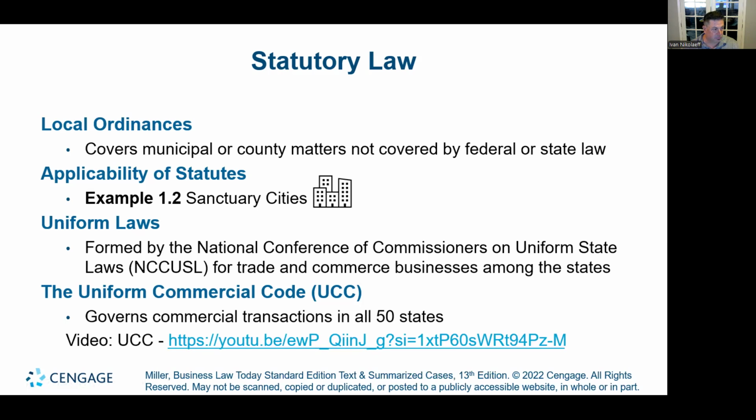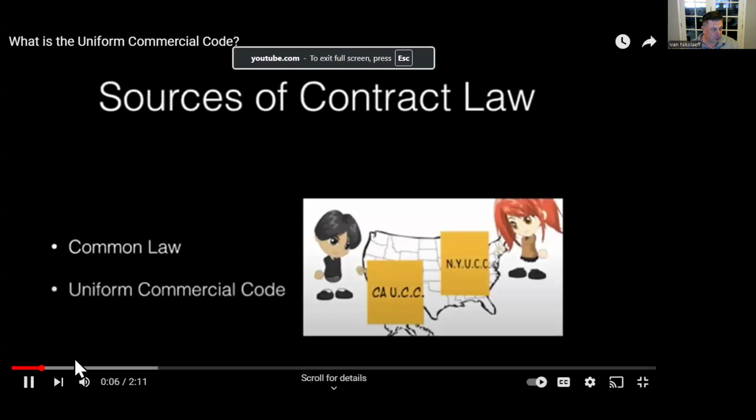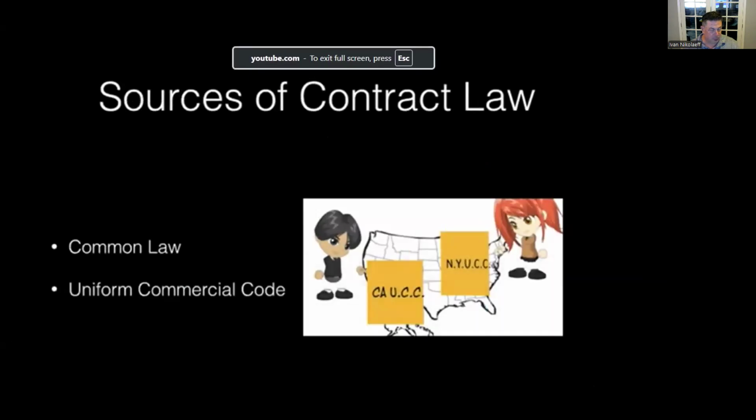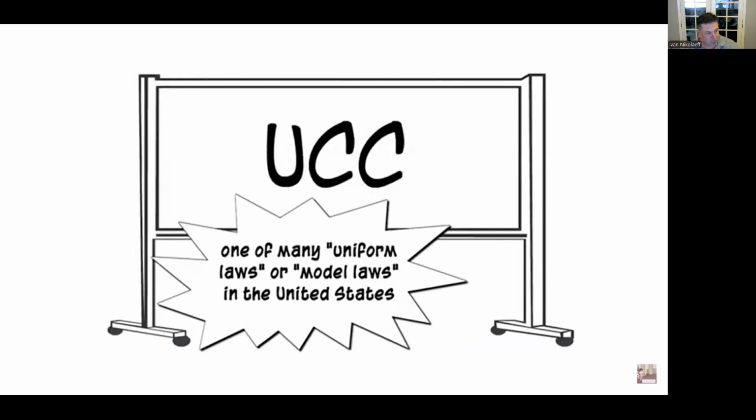In this video, we will discuss the Uniform Commercial Code. Together with the common law, the Uniform Commercial Code is one of the primary sources of contract law in the U.S. The Uniform Commercial Code is commonly known as the UCC, and it's actually one of many model laws or uniform laws in the United States.